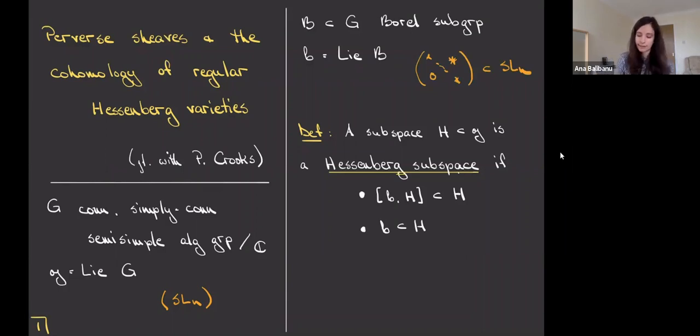Okay, so a subspace of the Lie algebra 𝔤 is called a Hessenberg subspace if it satisfies two conditions. It has to be a B-submodule and it has to contain the Borel. What this means for us is that there are simple examples like all standard parabolics.